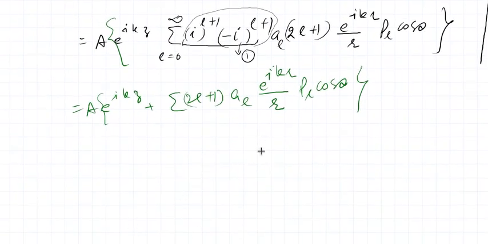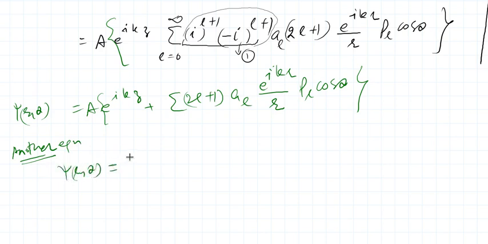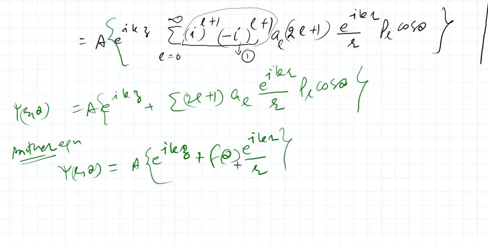But let us recall another equation which we derived in the beginning. That equation is psi of r, theta is equal to a e raised to power iota kz plus f of theta e raised to power iota kr over r. That's what we defined in the beginning. If I compare these two results, that means this f of theta is nothing but this term, excluding this part.